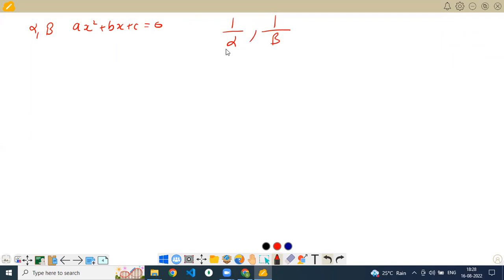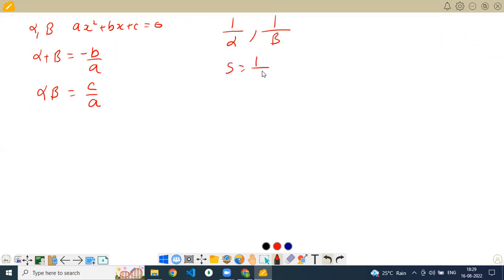So first I will follow the standard process. Alpha plus beta is minus b by a, and alpha beta is c by a.